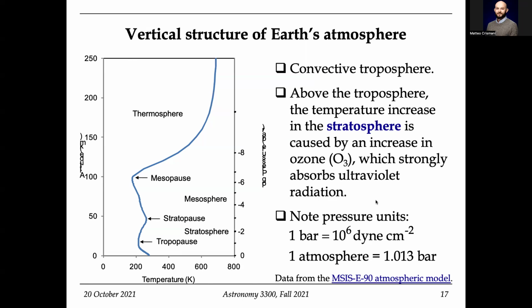Above the tropopause, you have a temperature increase caused by the absorption of ultraviolet radiation by ozone. That is what creates the stratopause here. And you were not alive for this, but there used to be this thing called hairspray.